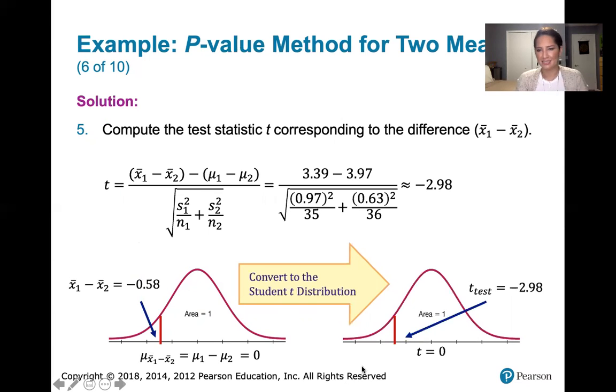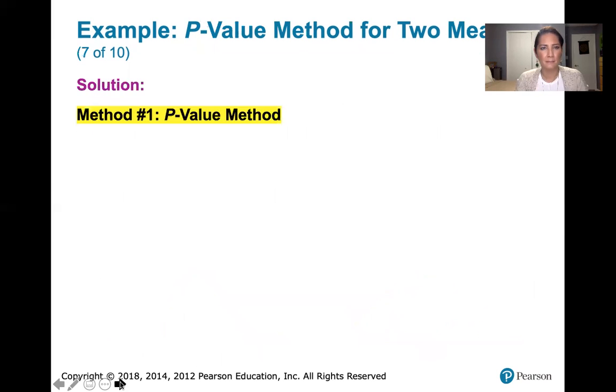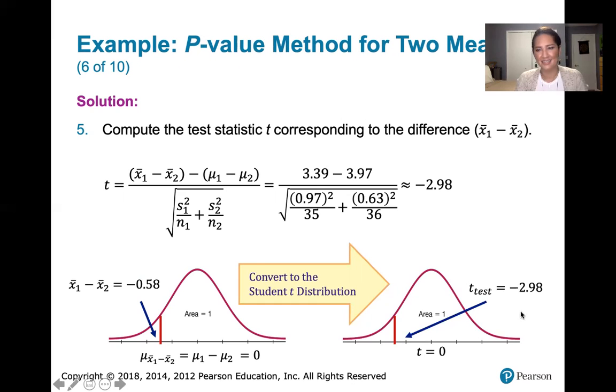So this is not to scale, but we're taking this distribution of x sub 1 bar minus x sub 2 bar and we're converting it to the student t distribution like this. And then we say to ourselves, okay, is that test statistic, t sub test equals negative 2.98, significantly high or significantly low?